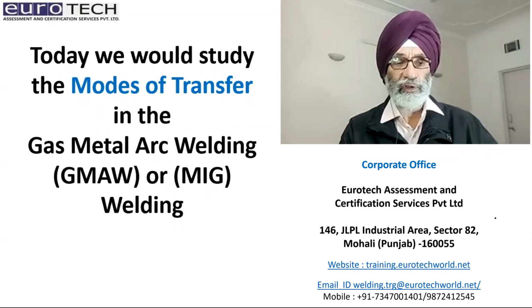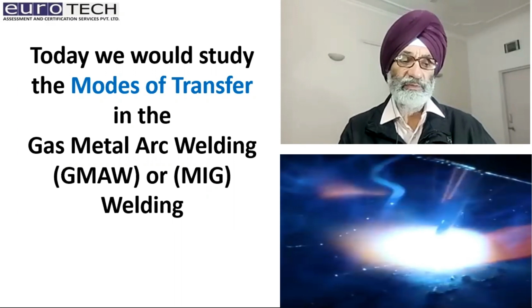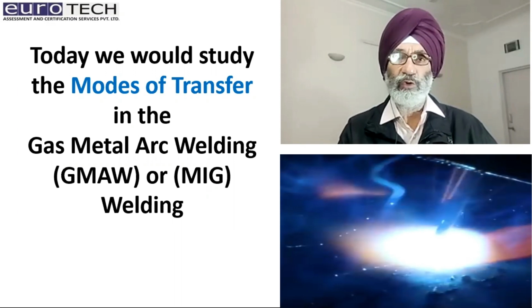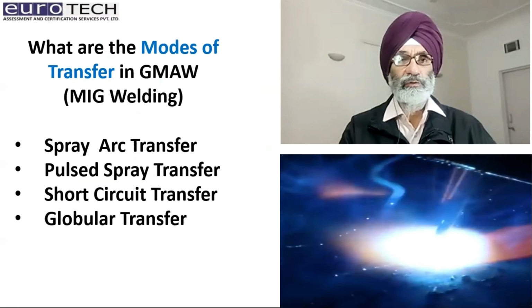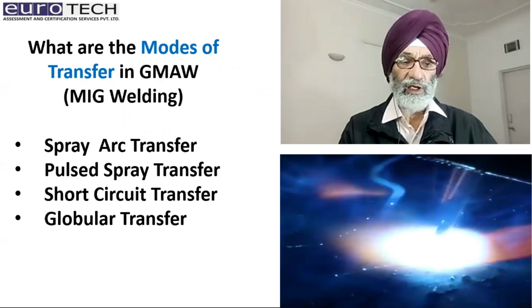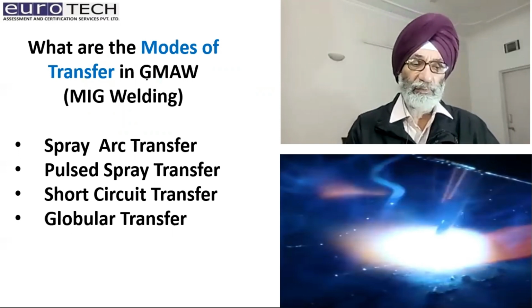Today we will be doing the modes of transfer in the process of gas metal arc welding, which is known as GMAW or MIG welding. First, let us see how many types of modes of transfer there are in MIG welding.